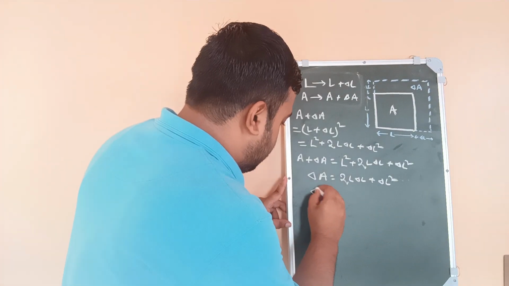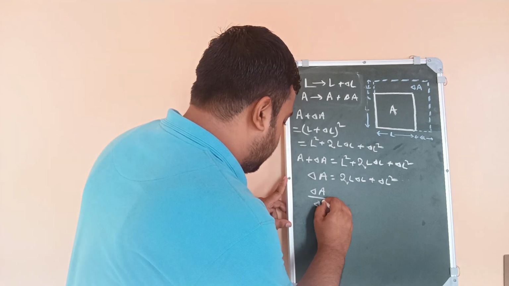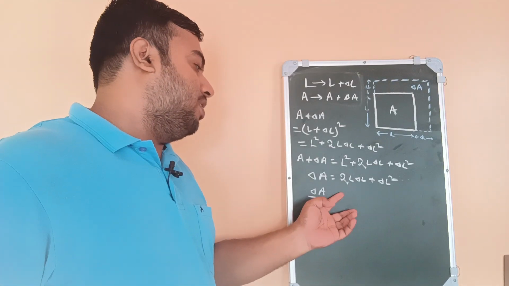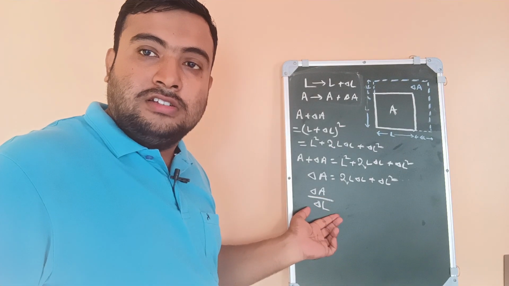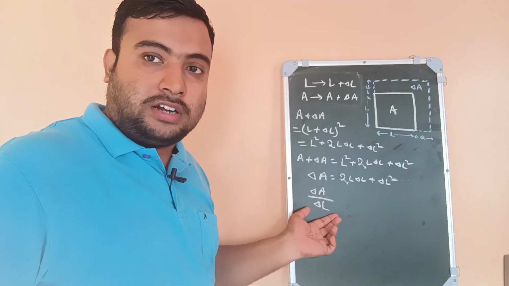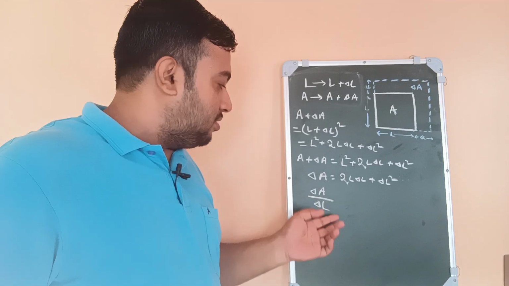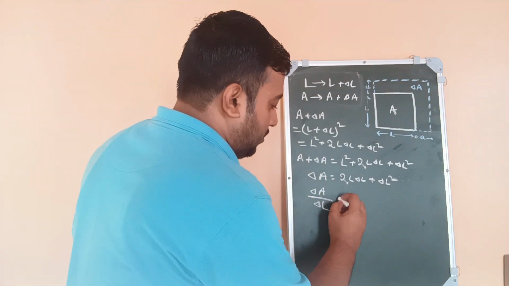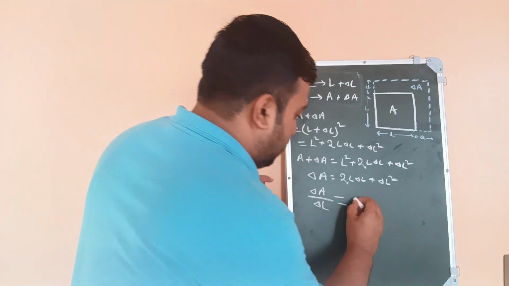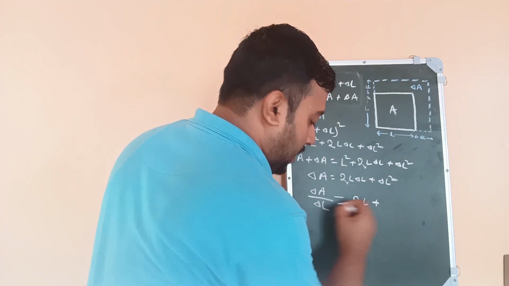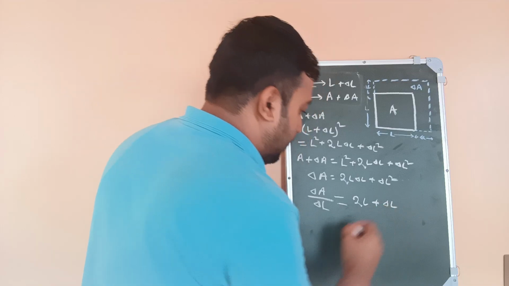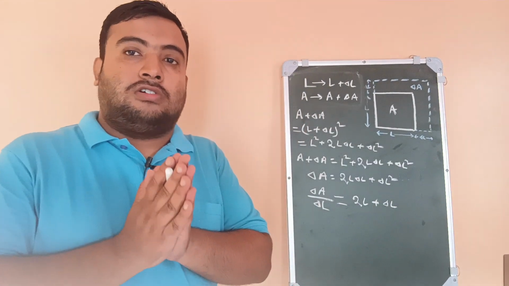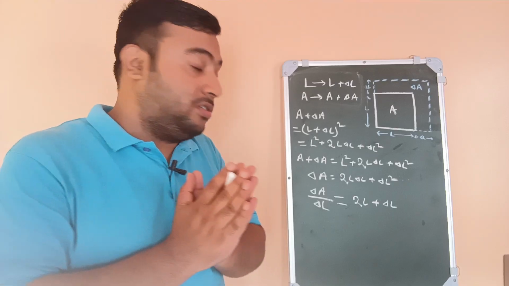Now delta A by delta L is the rate of change of area when the side length is changing. We have introduced delta y by delta x, and it is like that, delta A by delta L. If we divide both sides by delta L, then we get twice L plus delta L. Now we have introduced the concept of limit.